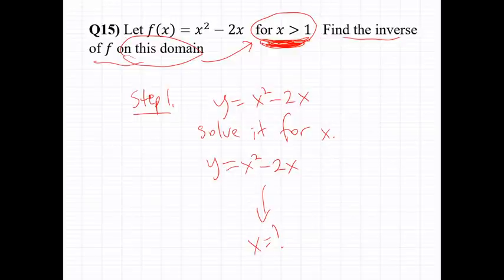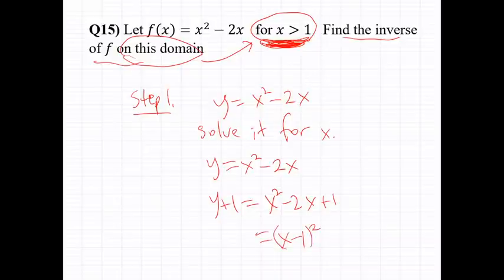There are two ways. First, if you notice, if you add 1 to both sides, you get this, and this is x minus 1 squared. It will be y plus 1, and from here you get x minus 1 is equal to plus or minus square root y plus 1.